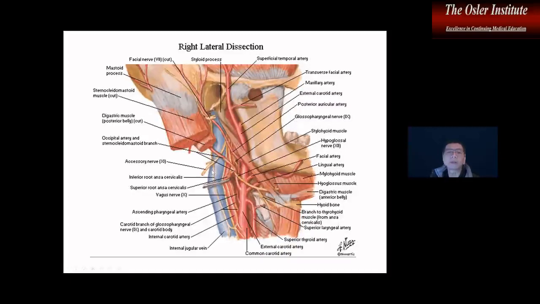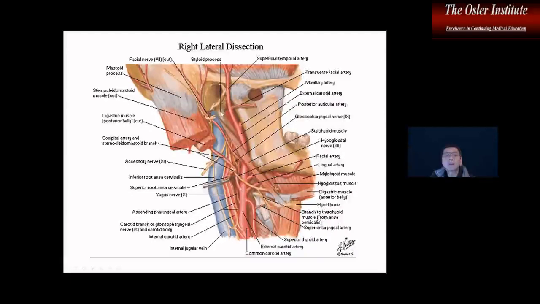And this picture depicts some of the muscles. This first muscle is the sternocleidomastoid muscle. It goes down laterally, so you make an incision along this first muscle. And if that is a problem, the next maneuver is dividing the posterior belly of the digastric muscle, shown here with my mouse. So that muscle is divided next.